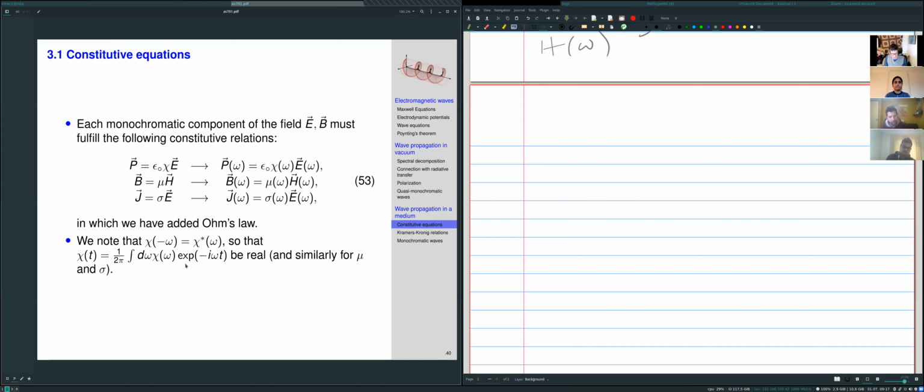You recognize here the Fourier transform of the spectrum. Okay, so we have the Fourier pair. Let me write it down. So we have chi of omega equals the integral over r dt.